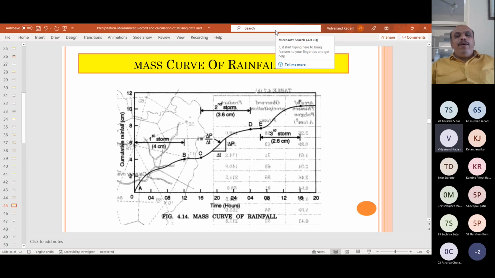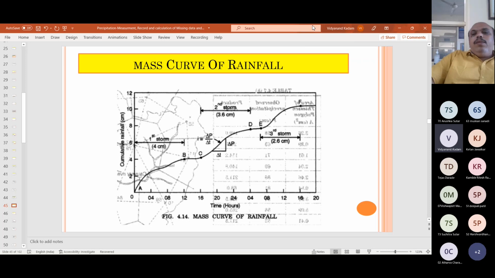We can also find the total precipitation for a particular storm. In these 2 days, there are 3 sessions of rainfall and 2 dry spells. This is the use of the mass curve of rainfall, which is the output from recording type rain gauges.